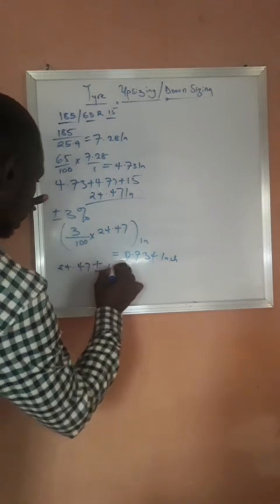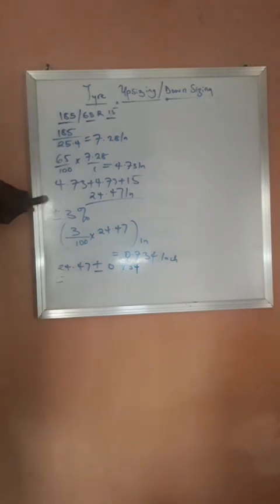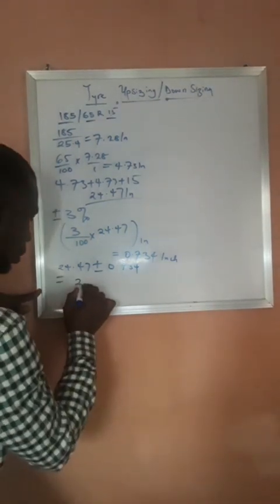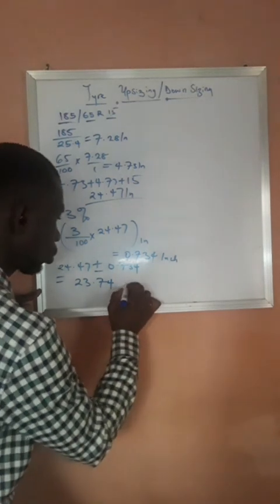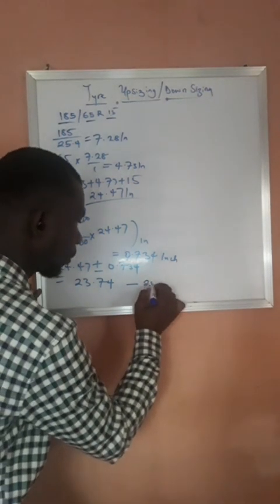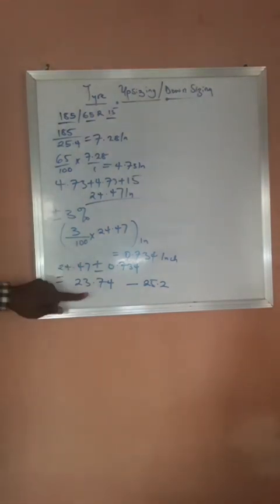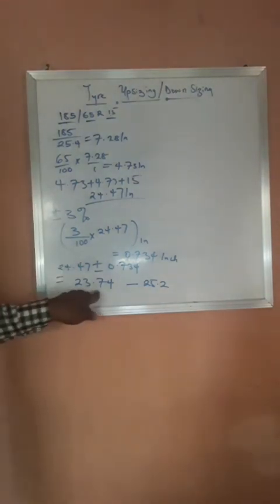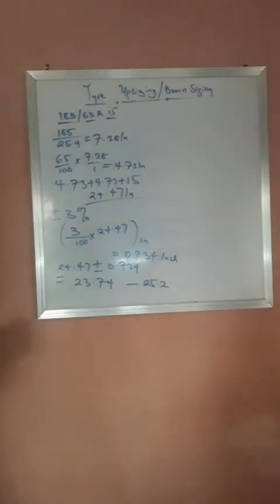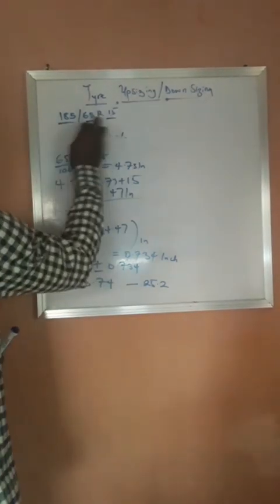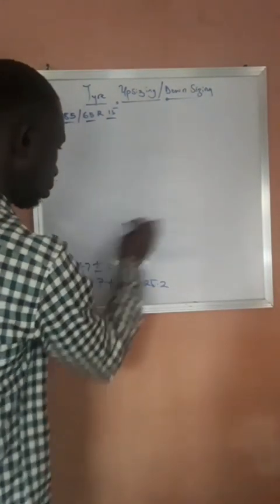Plus or minus 0.734 is going to give us 23.74 to 25.2. So our range for the height is 23.74 to 25.2. Let's have that in mind while we go through upsizing it.